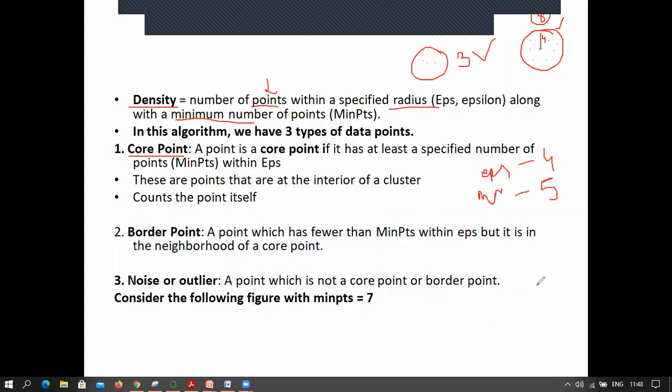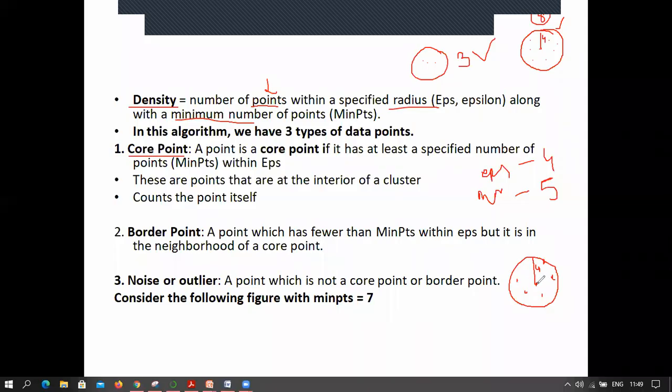Now, suppose one data point is given to me. I will draw a circle with radius epsilon 4. And suppose within that circle there are some more data points. Now just count the number of data points. There can be some data points at the border also, at the border of this circle.